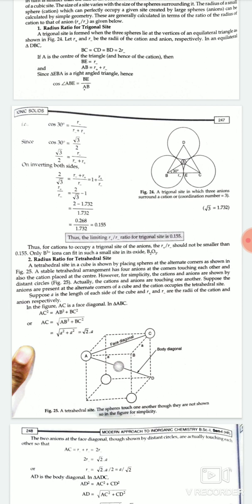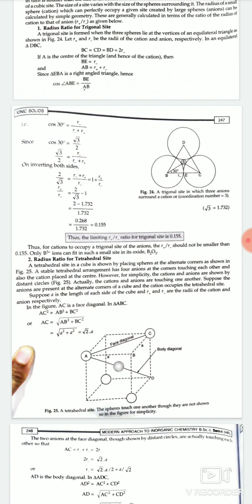Since cos 30 degree is root 3 by 2, root 3 by 2 = r-/(r- + r+). On inverting both sides, 2 by root 3 = (r- + r+)/r- = 1 + r+/r-. Thus, r+/r- = 2/root 3 - 1 = (2 - 1.732)/1.732 = 0.268/1.732 = 0.155.